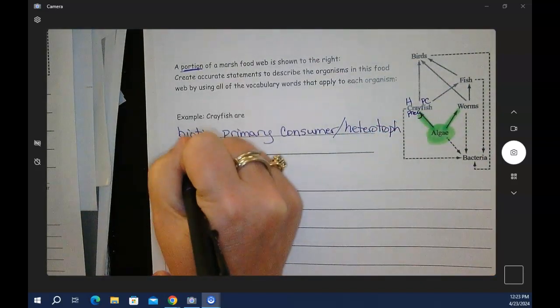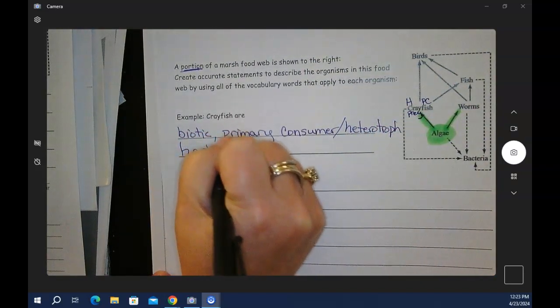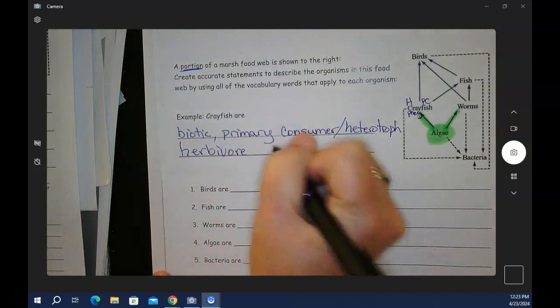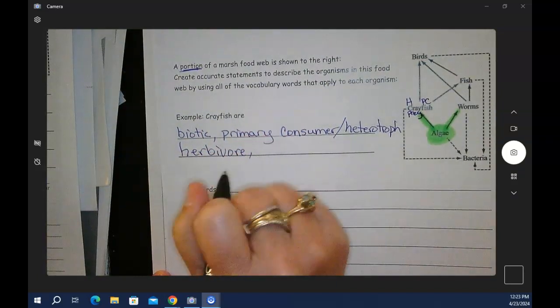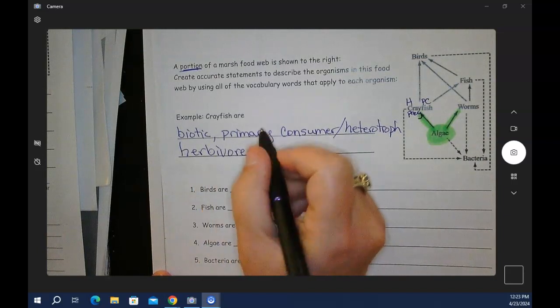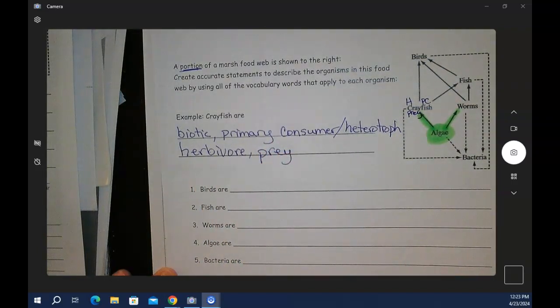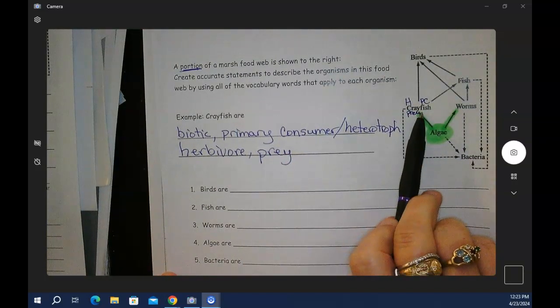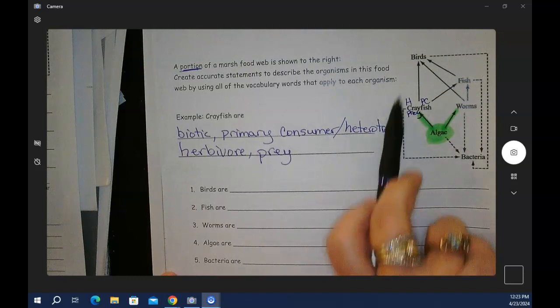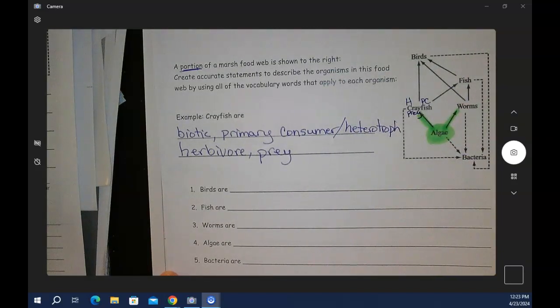And they only eat plants, so they're herbivores. And we said that it was eaten by something or hunted by something, so it was prey. And so those would be all of the words that I could use that would describe the crayfish and its place in this food web.